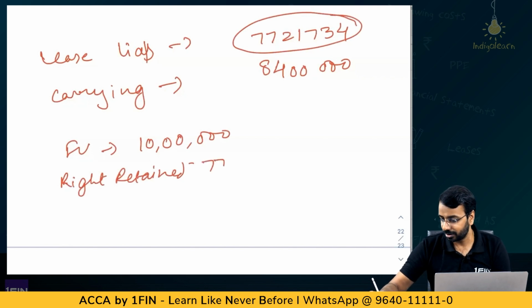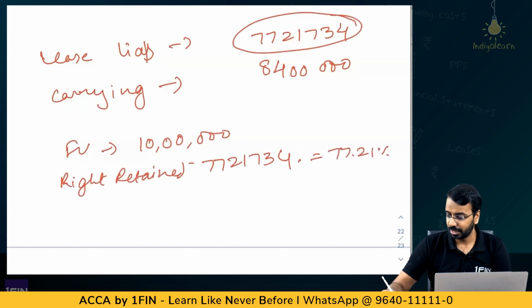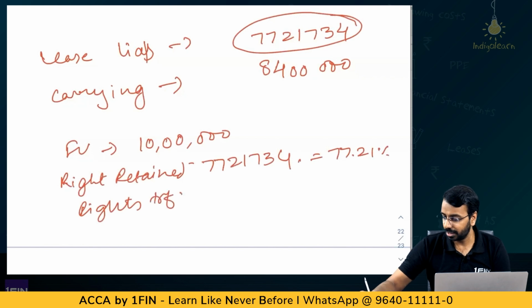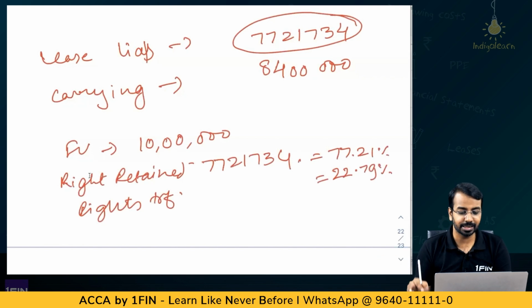So, the right retained, 7,721,734, is 77.21%, and the right transferred is 22.79%.